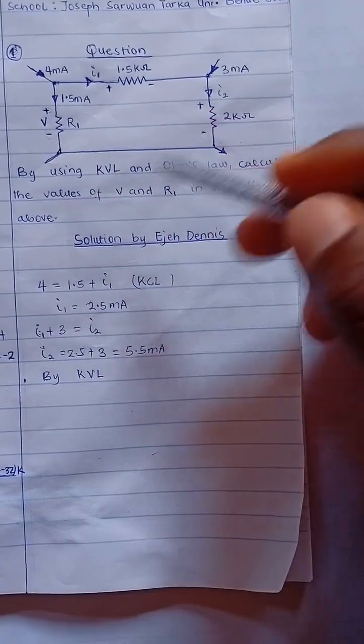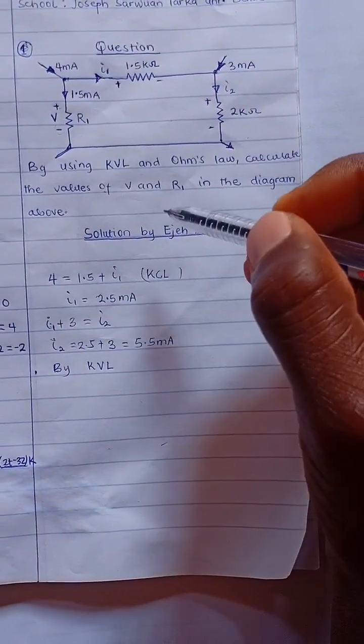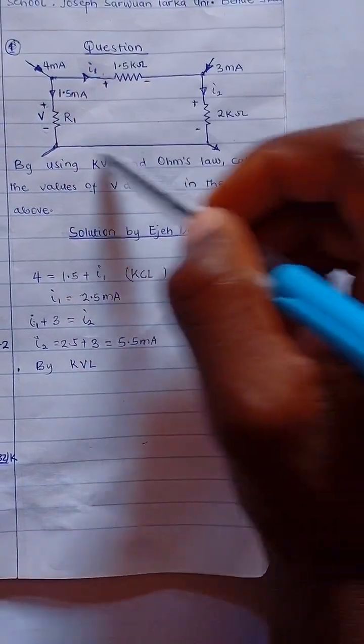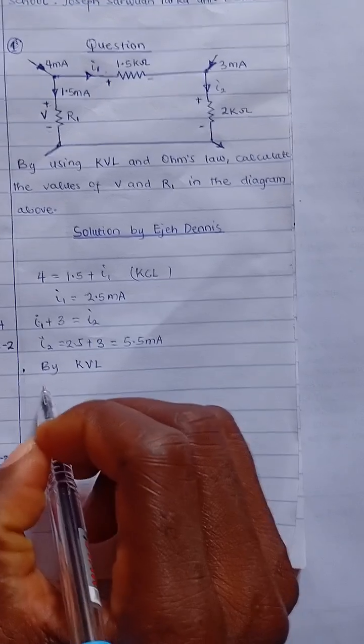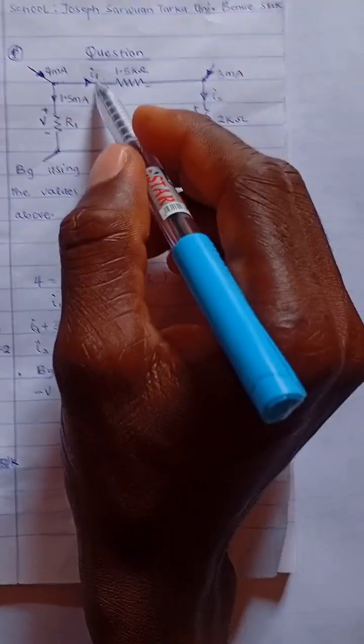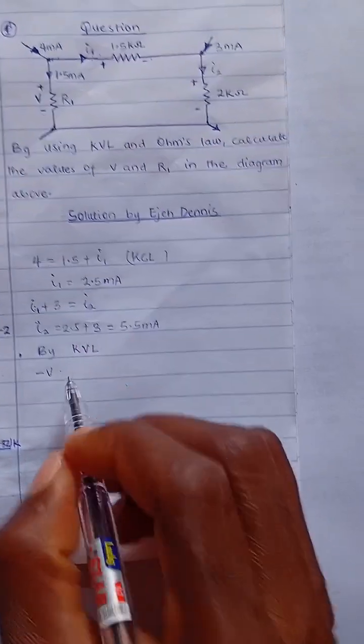By the statement of KVL, the algebraic sum of voltage drops along a closed path equals 0. I always prefer going in the clockwise direction. So we go around this loop in the clockwise direction. Starting from here, we start with minus V, the unknown voltage, that's the voltage drop here. Then how about the voltage drop here? By Ohm's law, the voltage is equal to the current I1 times this resistance.